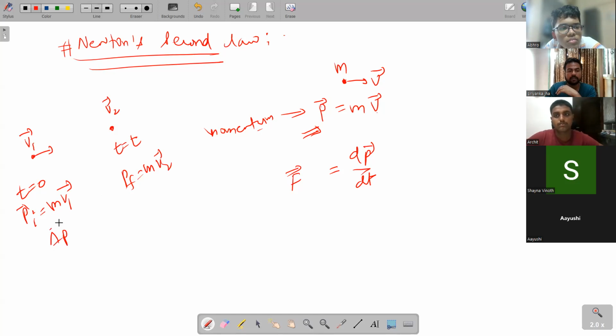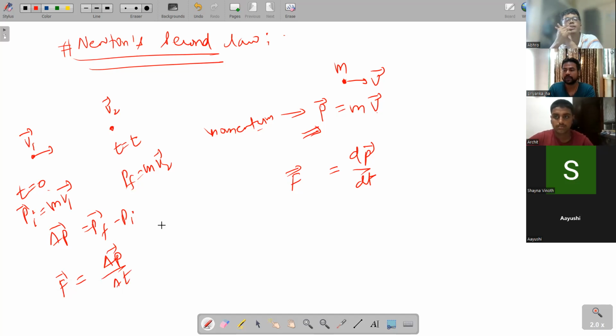So the difference in momentum is P final minus P initial, and then you can define force. This force is the average force acting on the body during the time 0 to t, that is change in momentum upon change in time. But for a very small time, in dt time, you have to find the force like this. The rate of change of momentum is this.